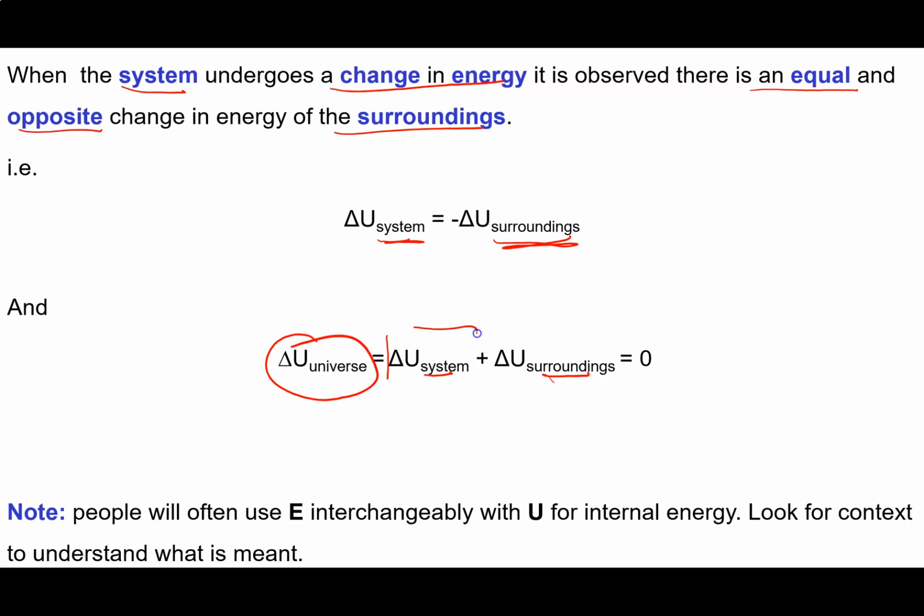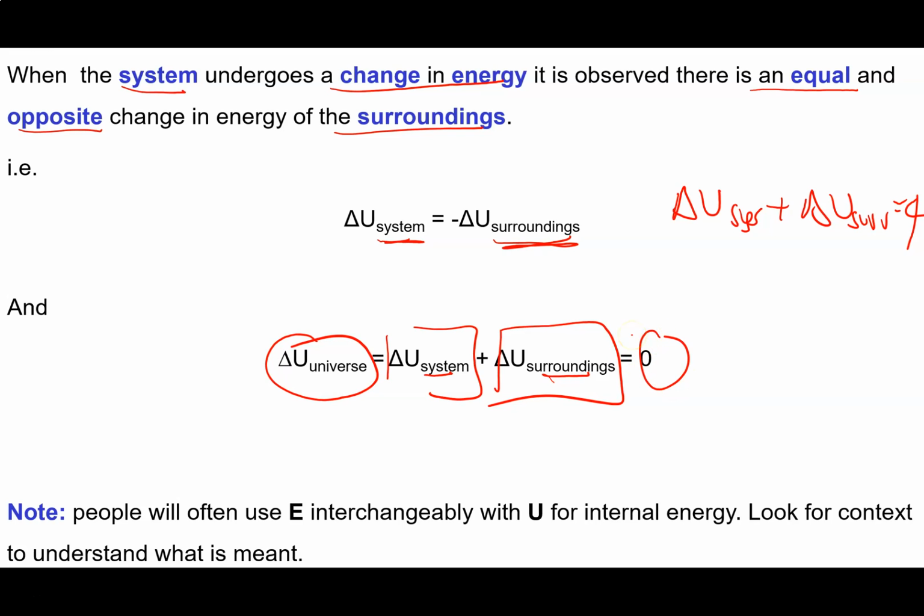Because these two terms are equal and opposite, adding them together is always going to be equal to 0. So what that is telling me is that the energy of the universe is not changing. I'm just moving energy around from one place to another, and whatever is lost in one area will be gained in another. The total energy of the universe isn't varying at all.